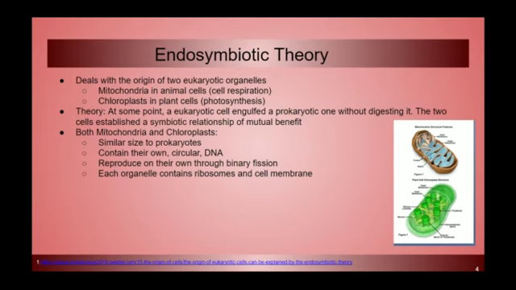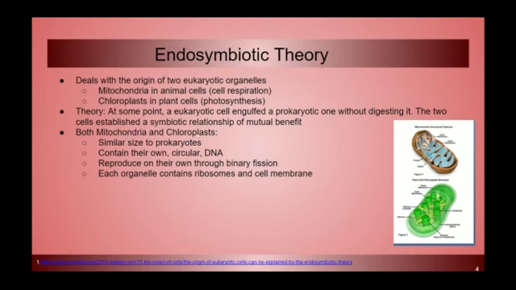But because they could have these unique abilities of cell respiration and photosynthesis, and because they're such big instruments in that, the eukaryotic cells said, well, we're not going to eat these cells. We're just going to have them reside within us so that they can make these processes happen for us in the cell. All right. And so evidence of this includes the similar size to prokaryotes.